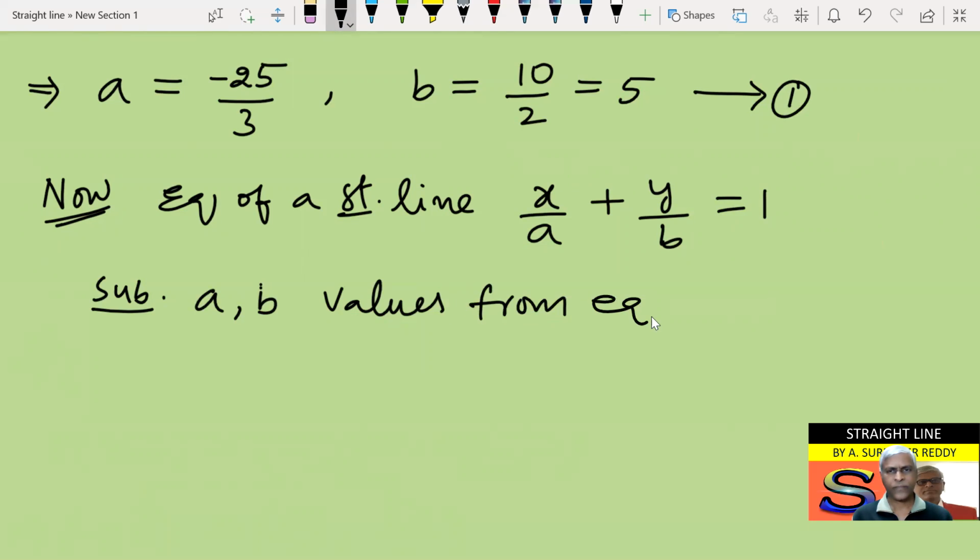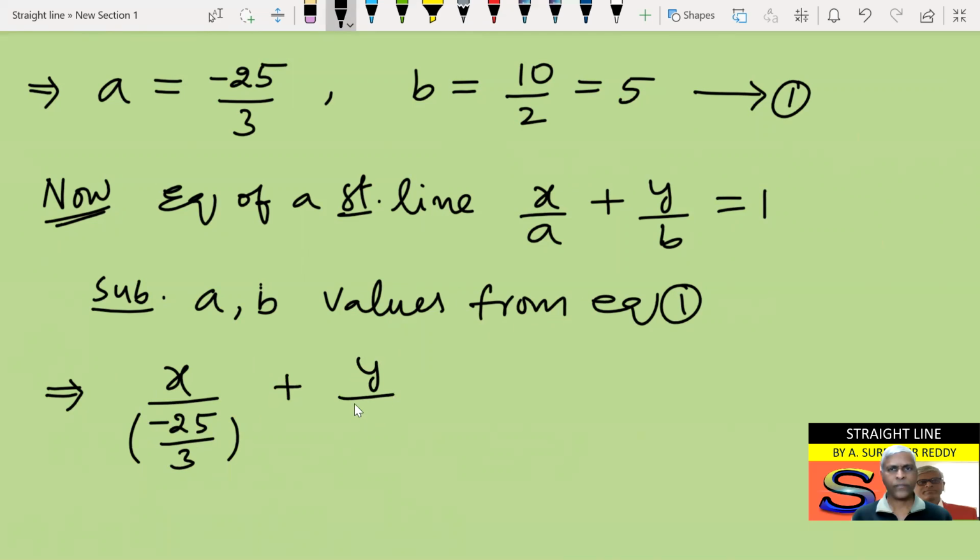So the equation of the required straight line is x by minus 25 by 3 plus y by 5, so 3 becomes 3x.